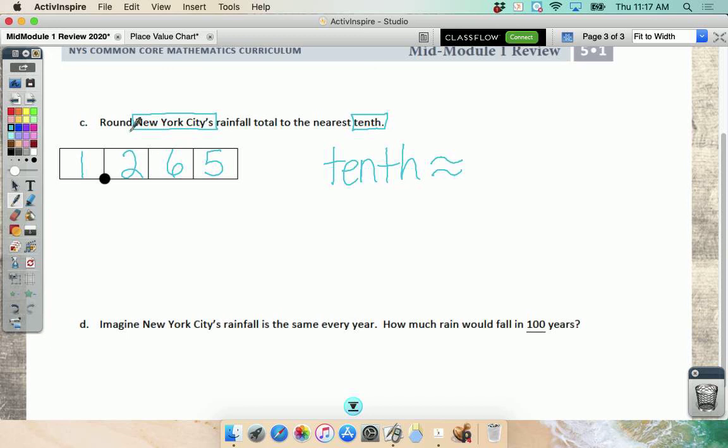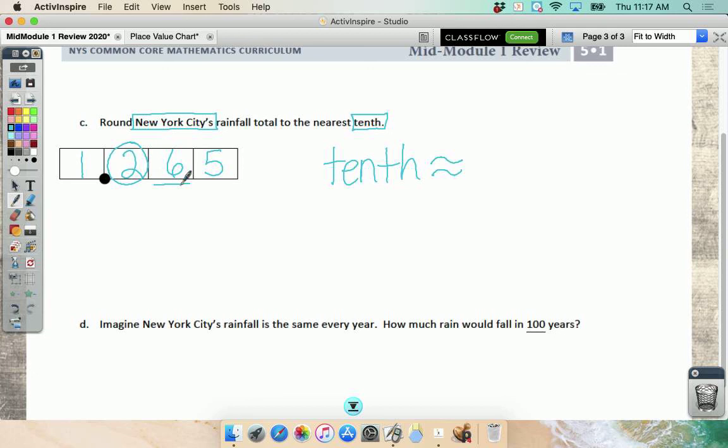Okay? So let's say our rounding rap while we do this. So the tenths place is which digit? Find the place value and circle that digit. Move to the right and underline. 0 to 4, circle stays the same. 5 to 9, add 1. Okay, stop.